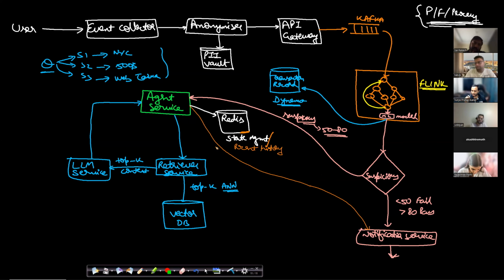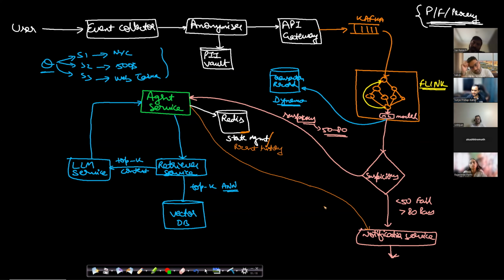So when it is not replicating, and if you are trying to do a transaction, then it will try to retrieve your past information from the vector DB, because you cannot just check from the Redis. Redis does not have that information. Redis may not have been replicating your information because you are not traveling. Then the agent service might flag it like an outlier. There may be a decline in your transaction for the first time. That is one thing that may happen.